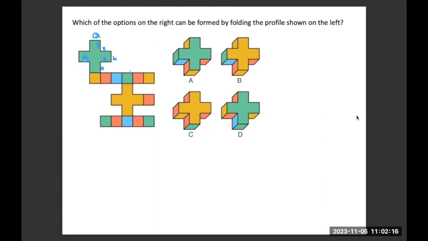Yesha, wrong answer. Kavya, wrong answer. Drumel, wrong answer. Khushi, partially correct answer. Trisha, partially correct answer. Kavya, wrong answer.